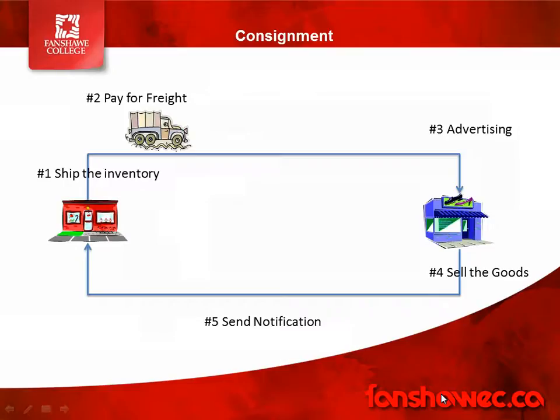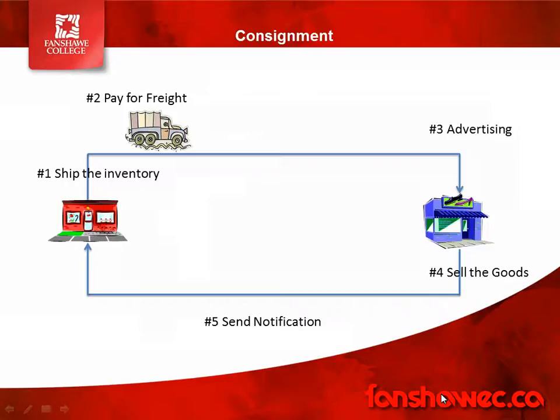The first is when we decide we're going to ship inventory to that store in Vancouver. Well, for us here in London, Ontario, we want to be able to track the difference between the inventory that we have on hand currently and the inventory that we've sent out on consignment. So when we ship the inventory, point number 1, we actually have to do a journal entry at this point to transfer the amount of inventory that we shipped.